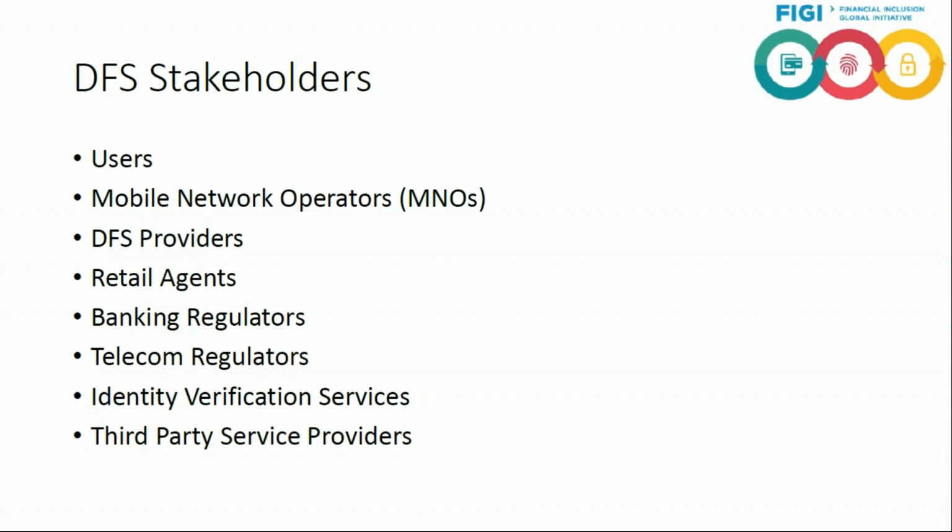But my objective is to protect the whole value chain of the DFS, from the user till these technology service providers and retail agents and telecom service providers. So as a regulator, I put the onus on the banks and the app providers who are providing those apps. I'm making them liable for the security of the users, of the channel, of the apps. As a regulator, this is my objective.